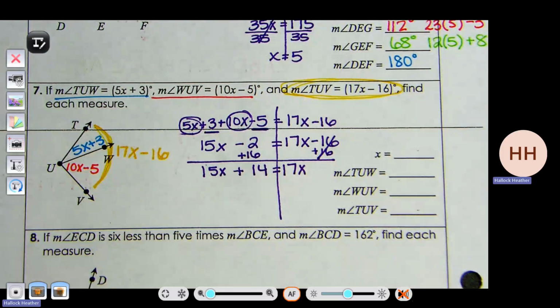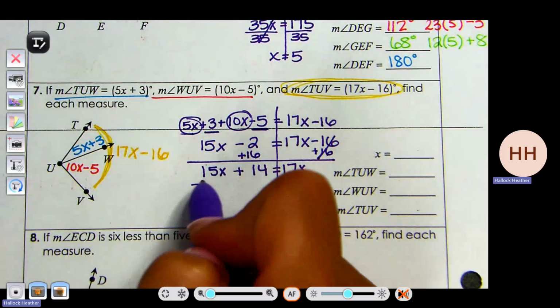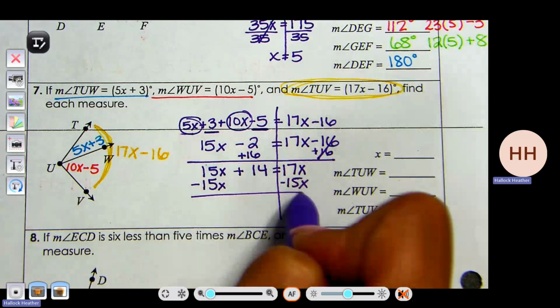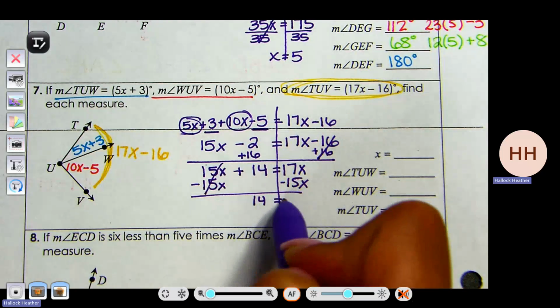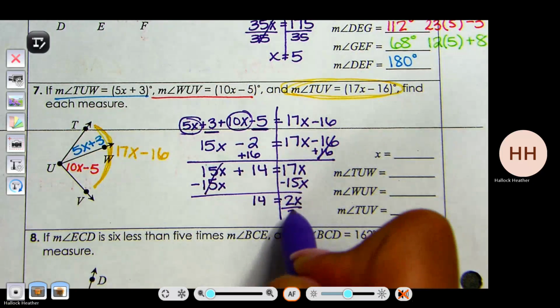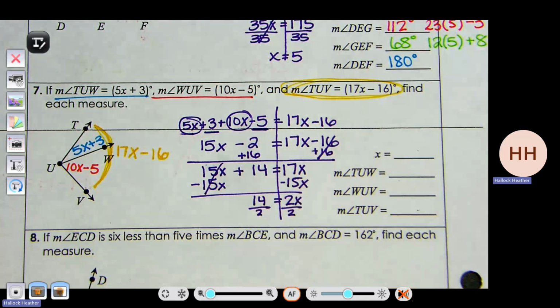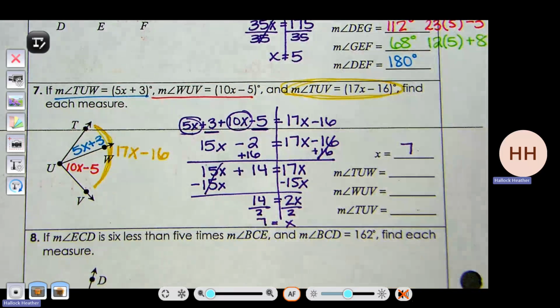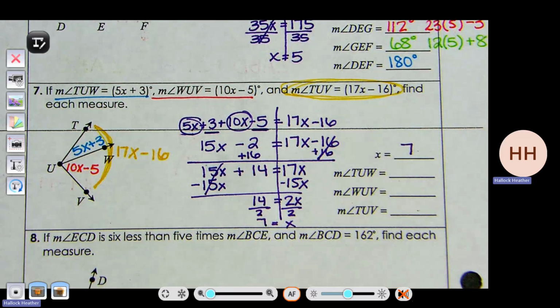And then I'm going to move 15 over, so I minus it. Either way, you should still get 14 equals 2x. If you moved it the other way, you would have got double negatives, but either way, the answer is the same. So what is x? 7. So x is 7. You're going to take all your values and you're going to plug it in to each little equation.